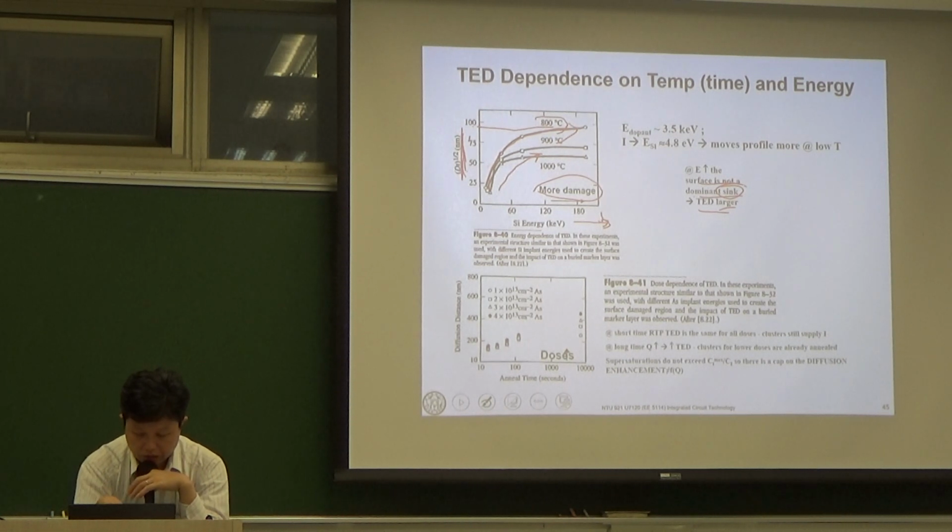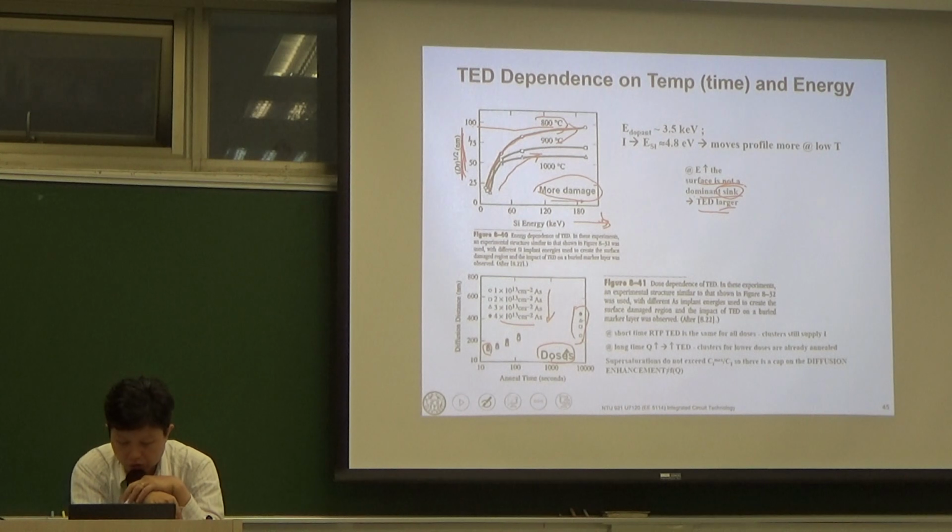And the figure below here shows the dependence on your dose. When we increase the dose at low temperature, we didn't see much difference. But when we increase the annealing time, you will begin to see it for those higher doses, so we have a more pronounced TED effect.